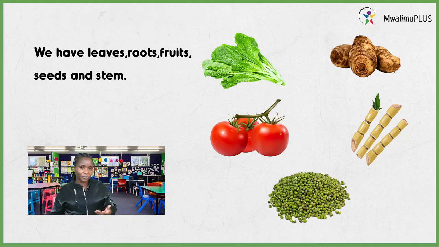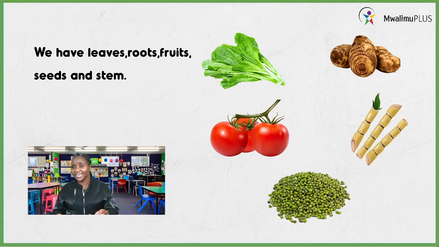We have food that we get from the roots. As you can see on the screen, we have the arrowroot. We have the food that we get from the fruits. Yes, we have the tomatoes. We have the food that we get from the seeds or the grains.